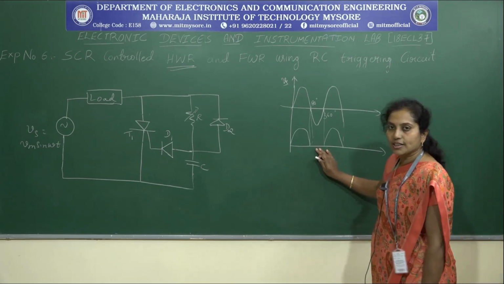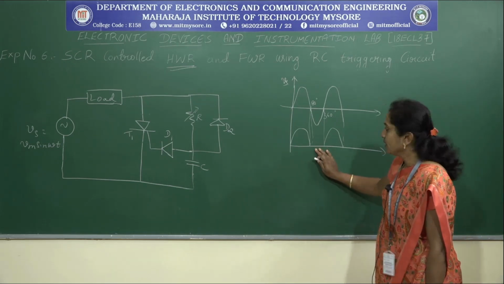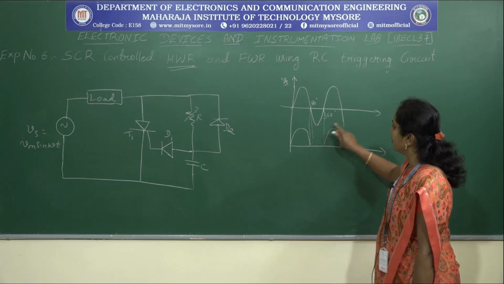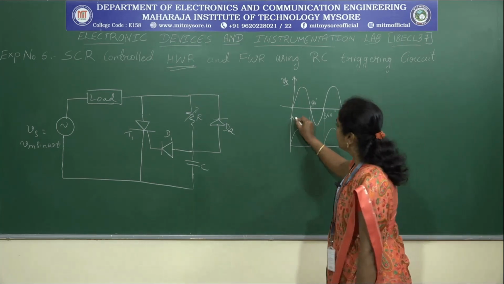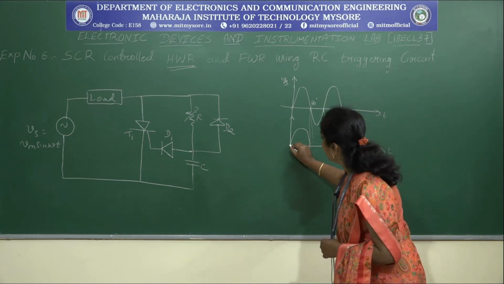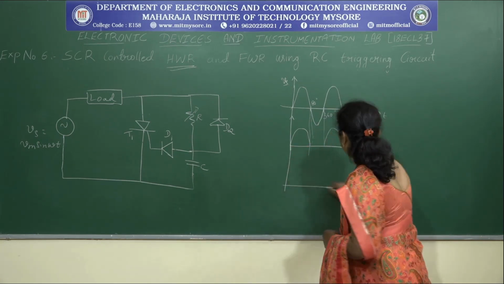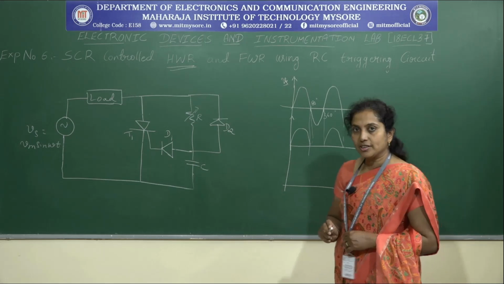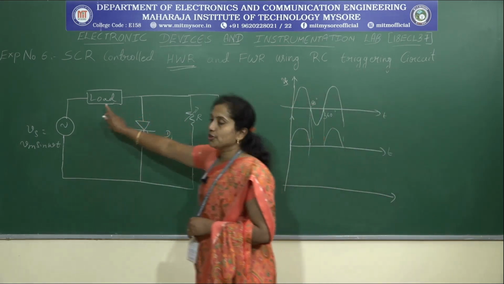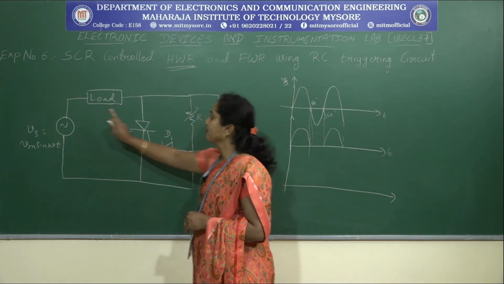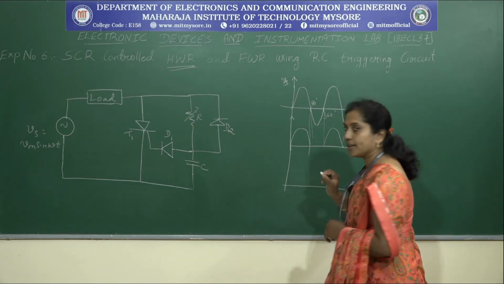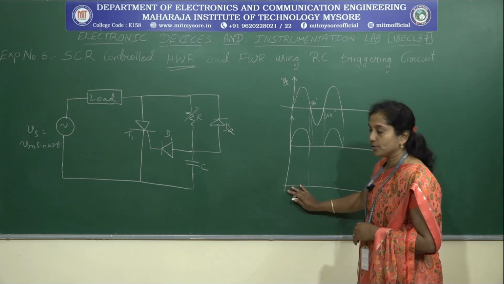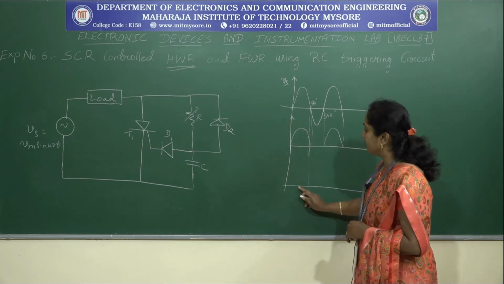The negative half cycle you won't get any output. Now you have to measure the output voltage across the load. It will be displayed within the positive half cycle only because it is a half wave rectifier.